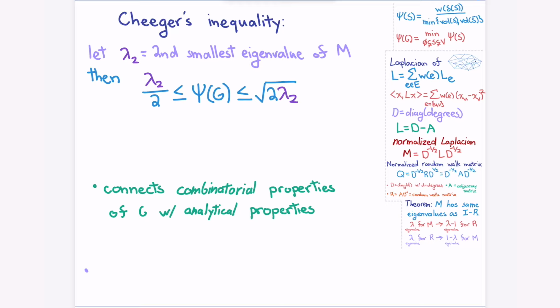So if lambda 2 is at least 0.5 or 0.1, then taking a square root, you're not losing that much compared to lambda 2. So you'll get less than or equal to something times lambda 2.